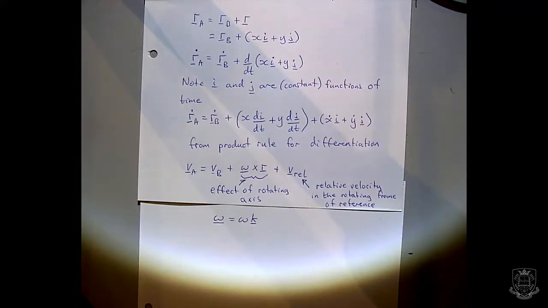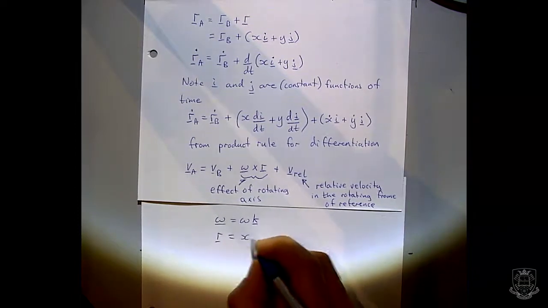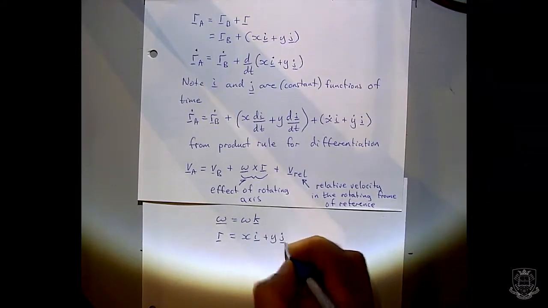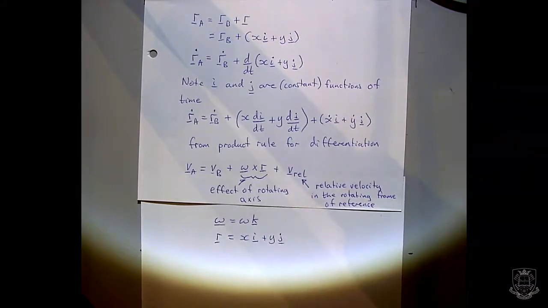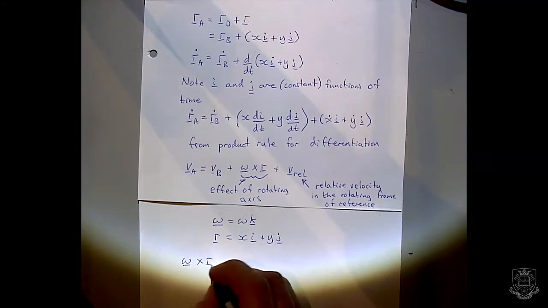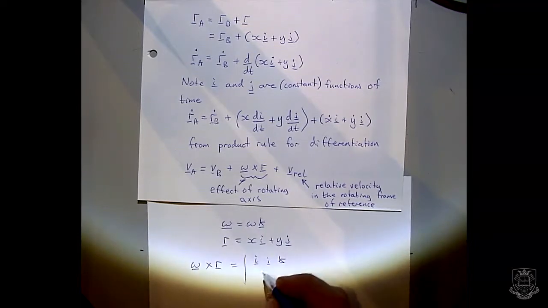And r the vector is equal to xi plus yj, because that's the x and y coordinates in the rotating frame. So if you want to do the cross product of those, you'll get the i, j, k, and so you can actually do this in this way.